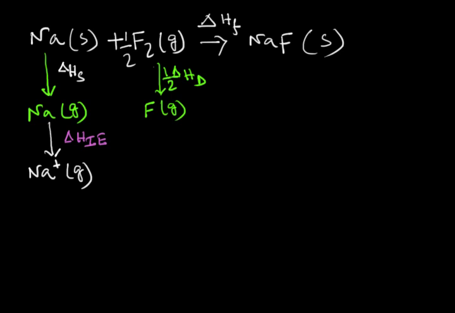And the fluorine atom is converted to fluoride ion with the help of electron gain enthalpy, delta H EG, as a result of which F minus ions are formed in gaseous form.